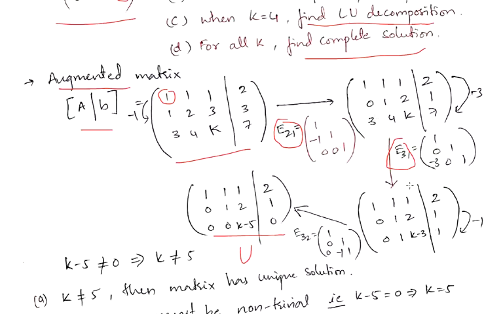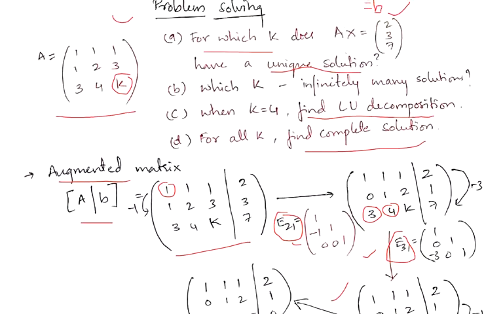Similarly, in the next steps we make this 0, then this 0. Here I have made it 0, you can see. So we have decomposed it. We have the upper triangular matrix, and the lower triangular matrix can be obtained using E32, E31 and E21.